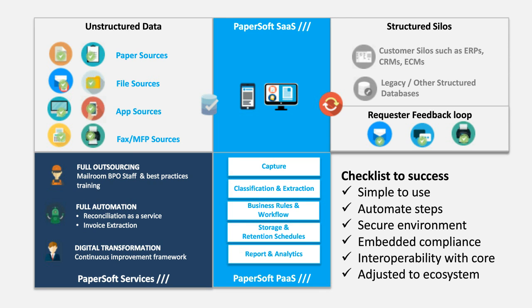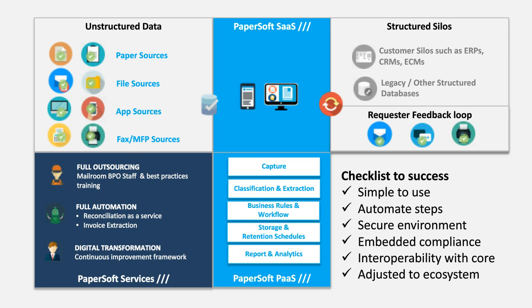On top of this, we also have retention schedules, so you can manage documents both physically and digitally within PaperSoft. We have a layer of reporting and analytics that helps us extract data within the process itself and make it easier, within each interaction, to look into this information and make it better. We also have a layer of services that allows us to focus on three points.